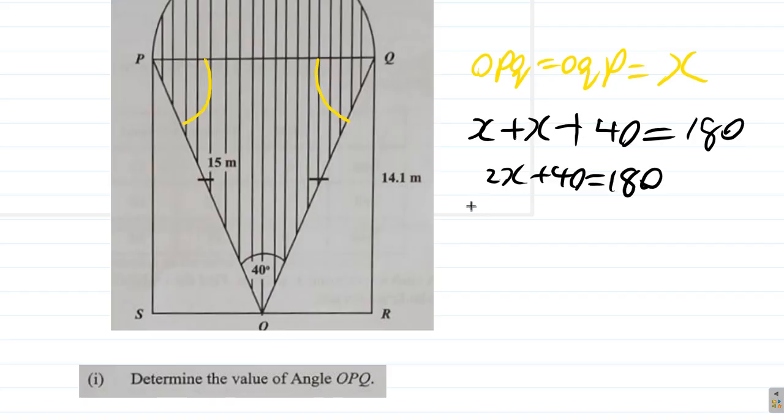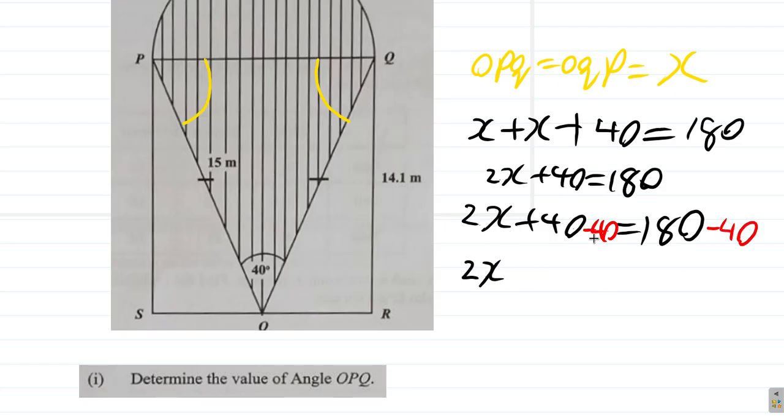Subtract 40 from both sides. So 2x plus 40 equals 180. But you minus 40 on the left and minus 40 on the right. So 2x equals 180 minus 40. 180 minus 40 is what? 140.